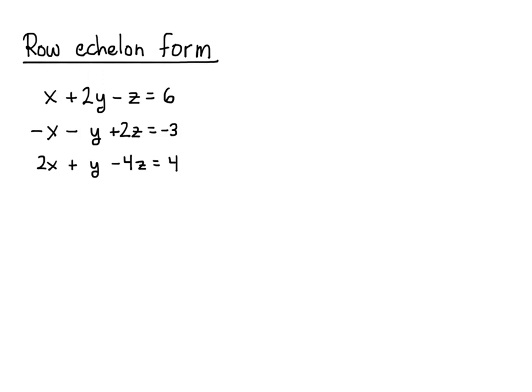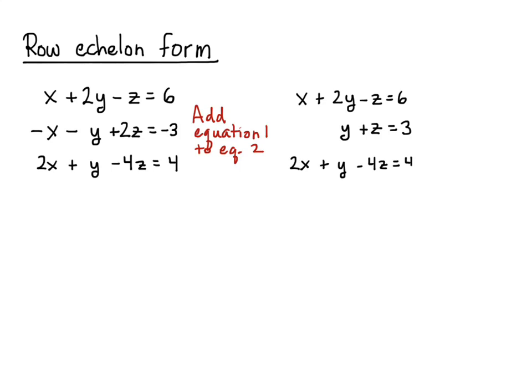So I'm going to take that second equation first, and so I'll add equation 1 to equation 2. And notice I've just copied everything over. If I add equation 1 to equation 2, I get x minus x is no x, 0x, and then 2 minus 1 is going to leave me with just y.